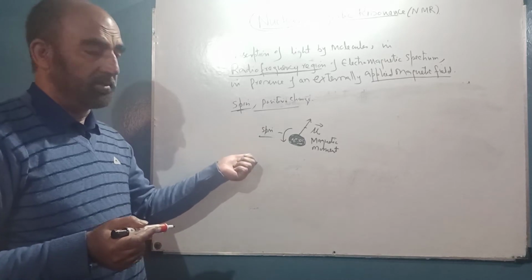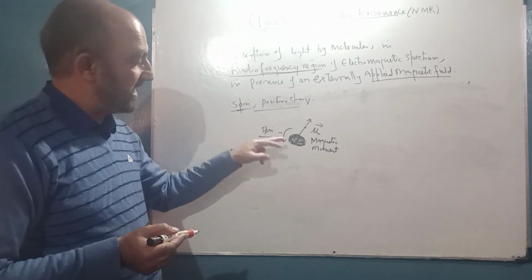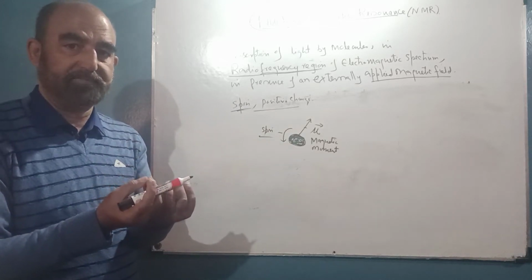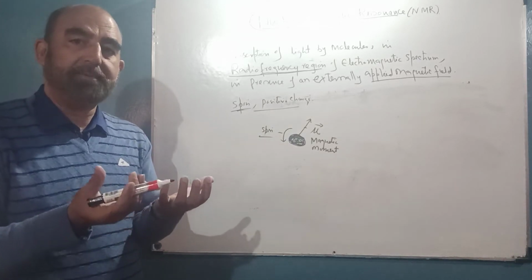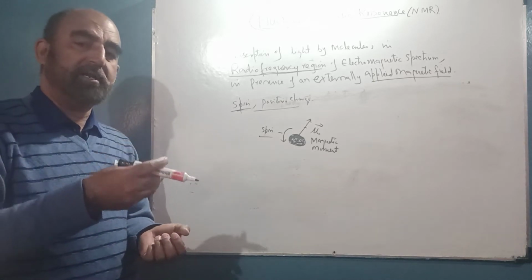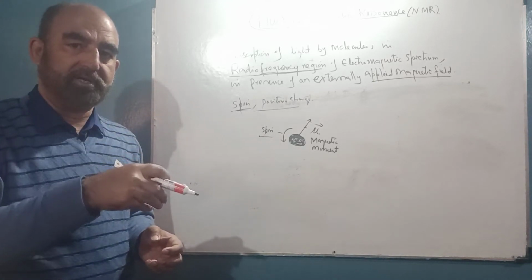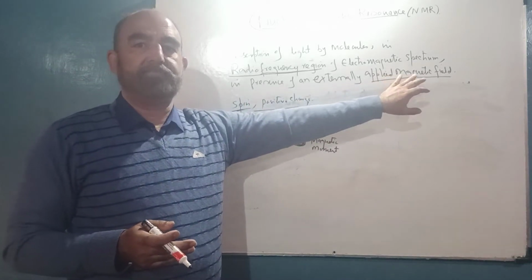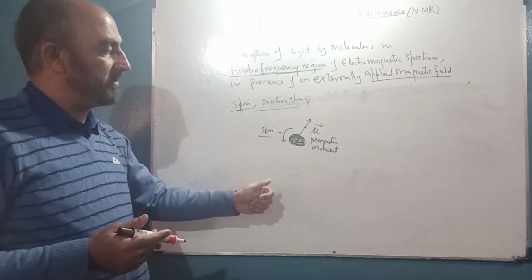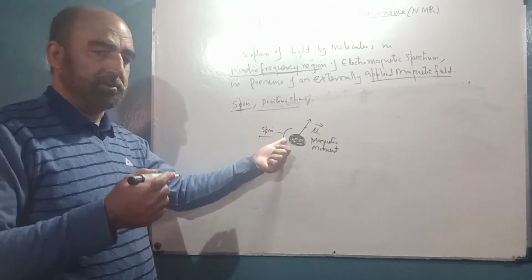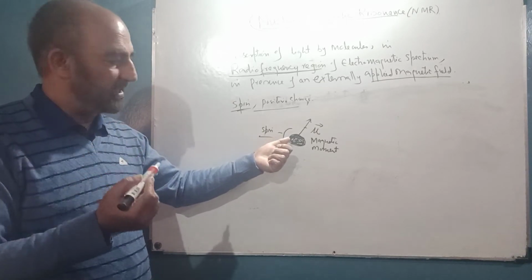And when we place these nuclei in a sample, when we do the experiment, what do we do? We take a sample of some molecule. Say we take a sample of an organic molecule, and we put it in an NMR instrument, and in the NMR instrument we have large magnets which produce a magnetic field. So when we put the instrument on, we apply a magnetic field on this spinning particle which has a charge.